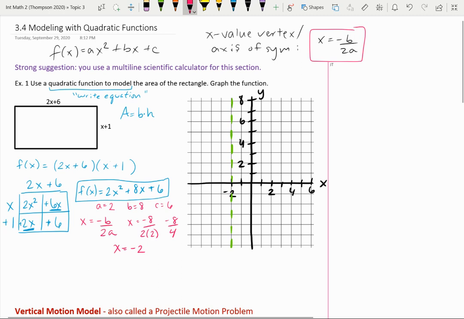Then I'm going to take x equals negative 2 and plug it into the equation that I wrote myself, this one in the box, to find the output. What is the y value? I wrote y here, but it would be more correct if I used f of x. So I'm going to take my function f of x, and instead of x, I'm going to write a negative 2.